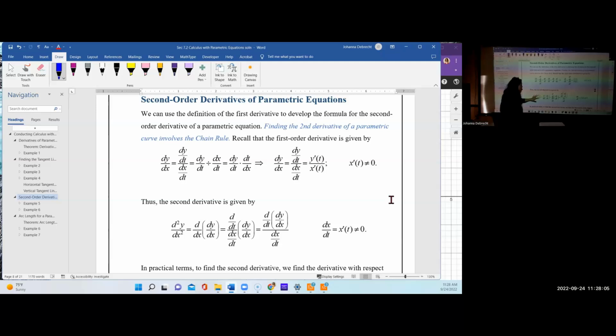Now, the second derivative written in Leibniz's notation has the 2 between the d and the y and a 2 after the x in the denominator, indicating that it is the second derivative of y with respect to x both times. But what it actually means is the derivative of the first derivative. So the derivative d/dx of the first derivative dy/dx.